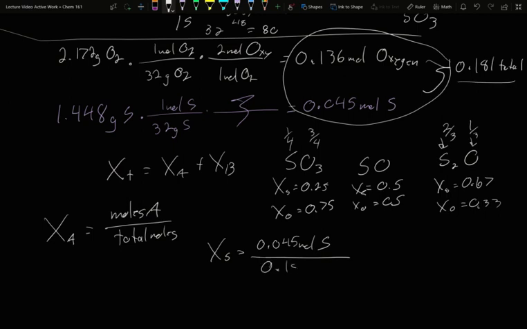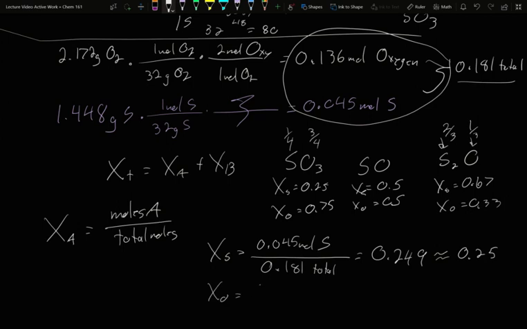So 0.181 total. Sulfur's mole fraction then, 0.045 divided by 0.181. And we will find this is 0.249. Basically 0.25.